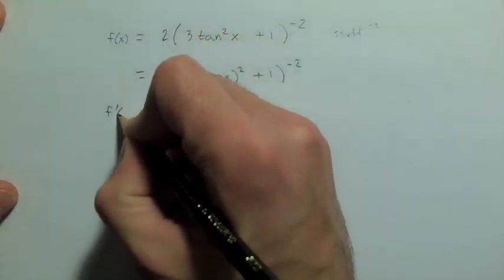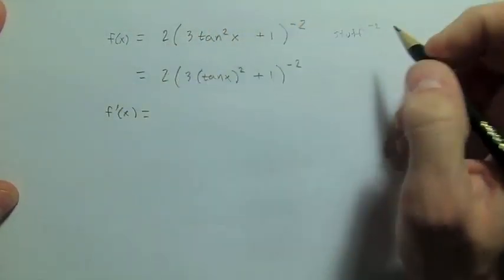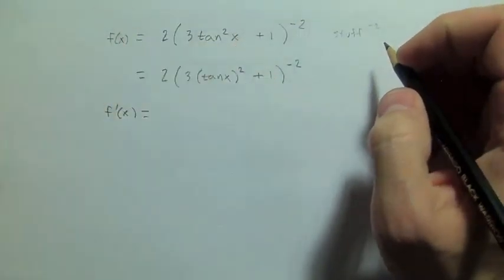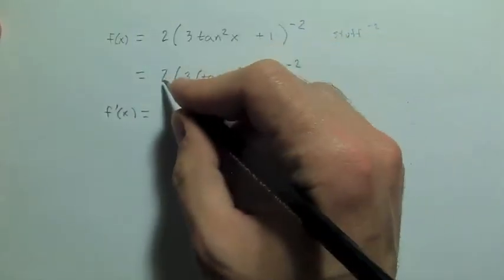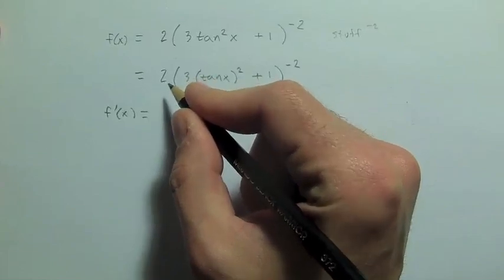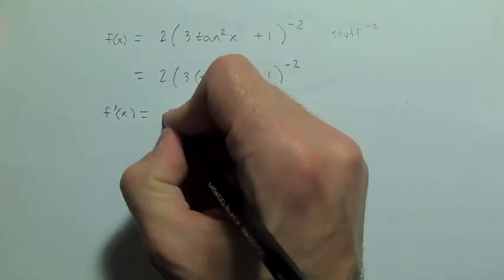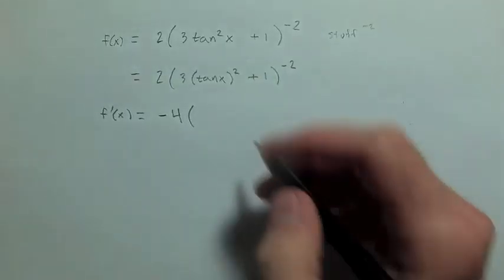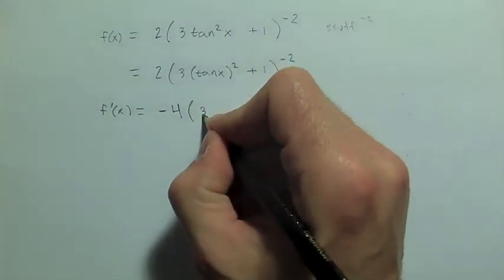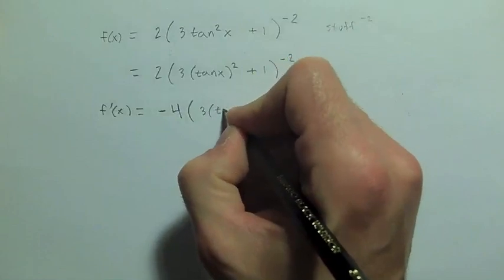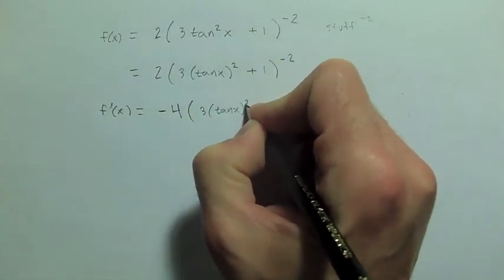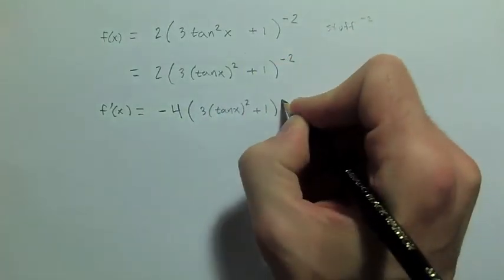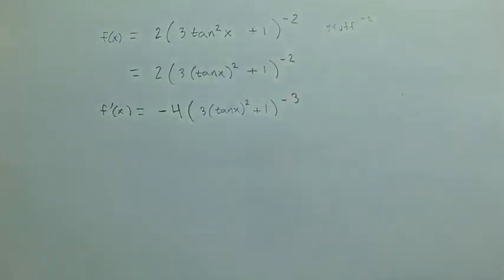Okay, so f prime of x. Remember, this is still stuff to the negative 2, so I'm going to bring that negative 2 down, but since there's a 2 out front already, that will be negative 4, all times, okay, and I'll just copy the inside verbatim, raised to the negative 3.